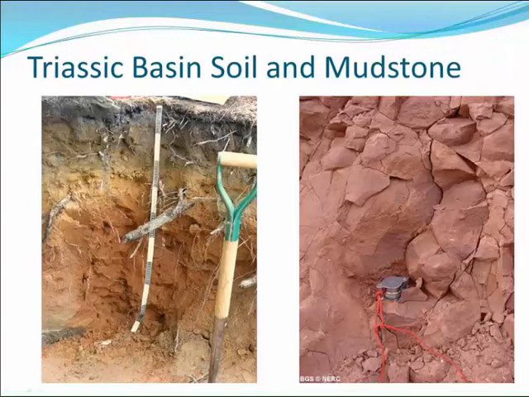Well, this is one of those Triassic basins, and this mudstone is some of the sedimentary rock that's found in the basins. This looks like the type of mudstone that you would find up around the Culpeper Basin. Now, it's called mudstone.